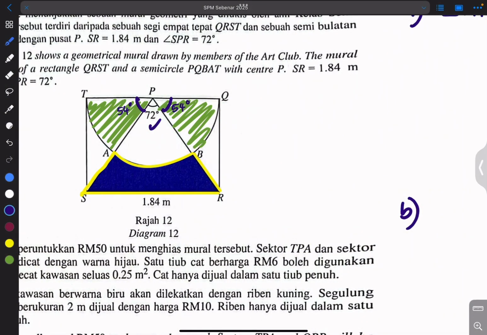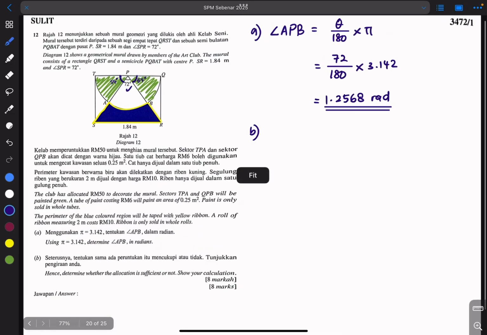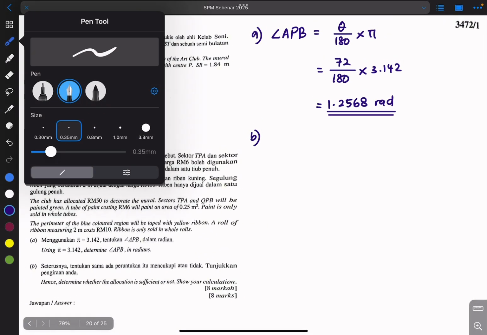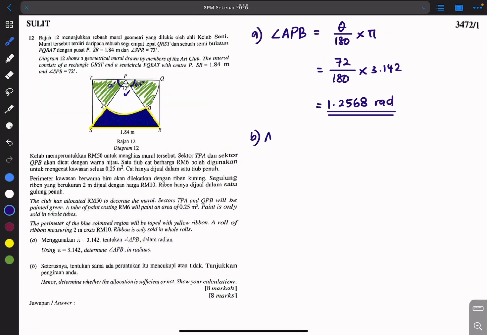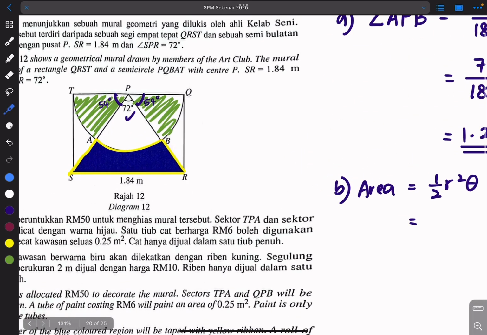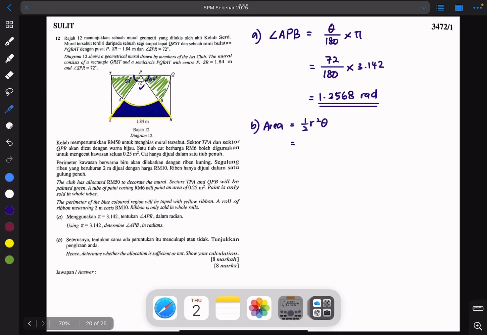Okay, so now we find area of sector. Right. So area of sector will be 1 over 2 r square theta. Okay, so radius is from here to here. So we know from here to here is 1.84. So radius will be half. So 1.84 divided by 2.